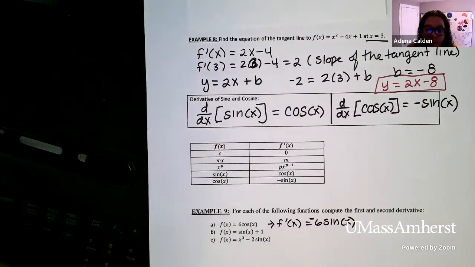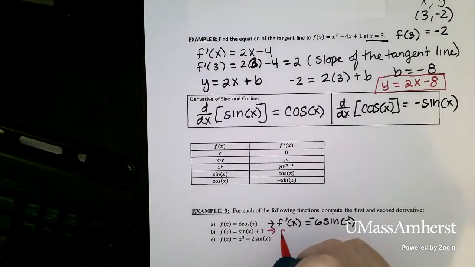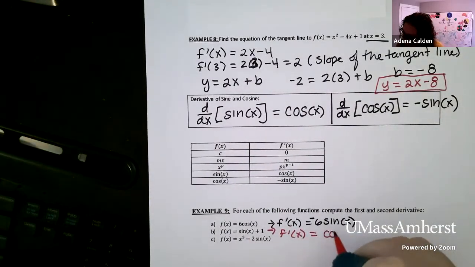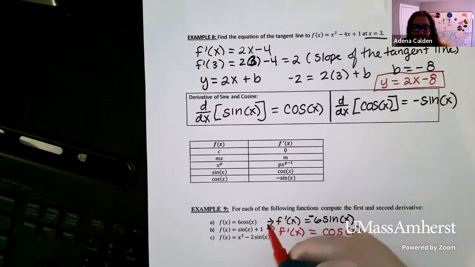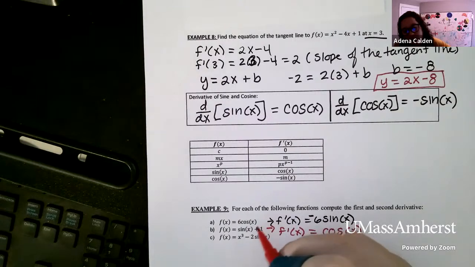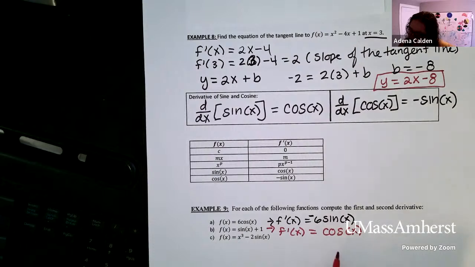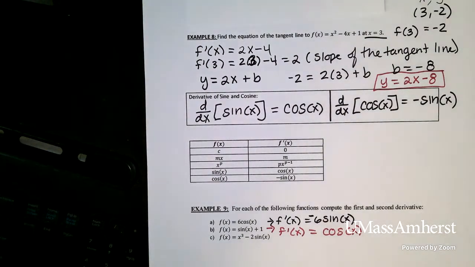For the next one, we have sine x plus 1. The derivative of sine is cosine, so we're applying our sums rule here. And then plus 1, the derivative of 1 is 0 because of the constant. So we just end up with cosine.